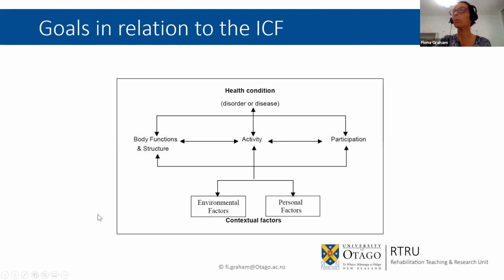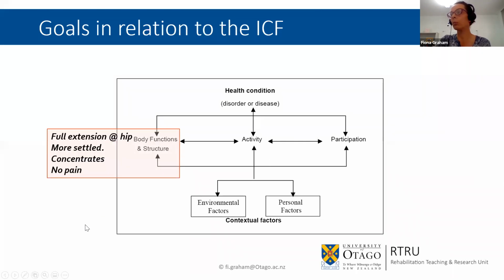So to illustrate the points I was just making about how the ICF might apply, statements such as this in the red here would reflect changes in body structures and functions. It's not to say these things aren't significant or important, but they're not the ultimate outcome of rehabilitation or any other health intervention. That is the priority outcome.